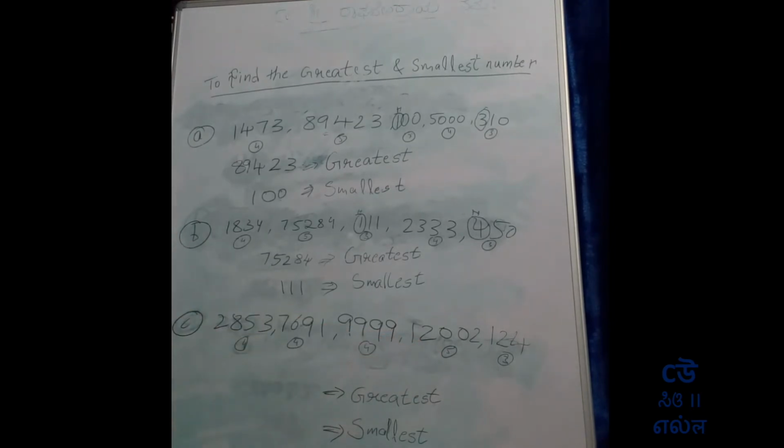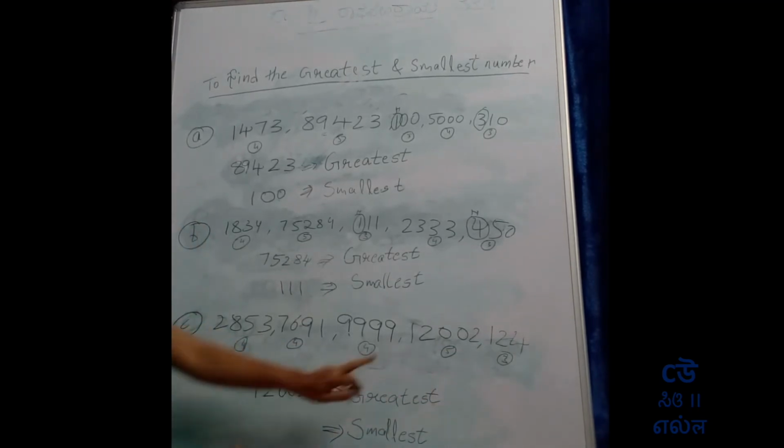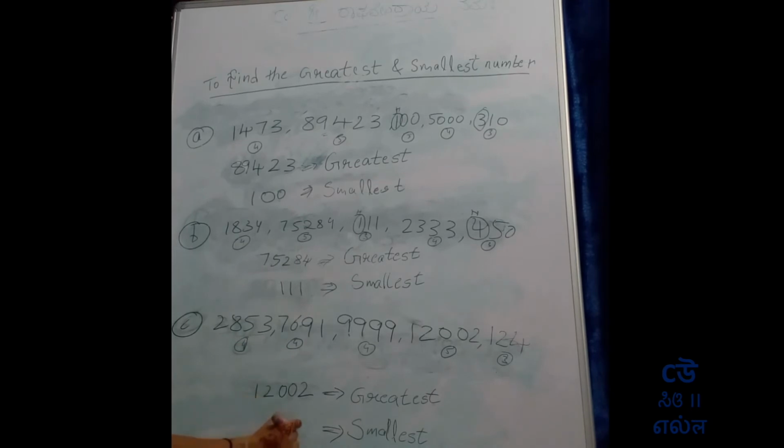So this will be the greatest number among all these numbers. The smallest number: to find it, see which has the smallest number of digits. So 4, 4, 4, 5, 3. You can easily find that 3 is the smallest number of digits, no? So that will be the smallest number.